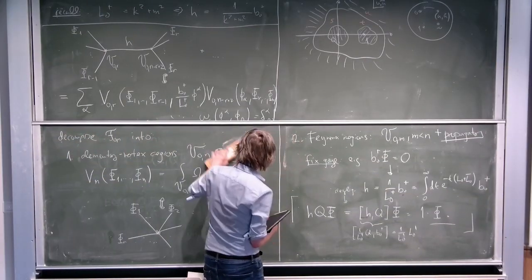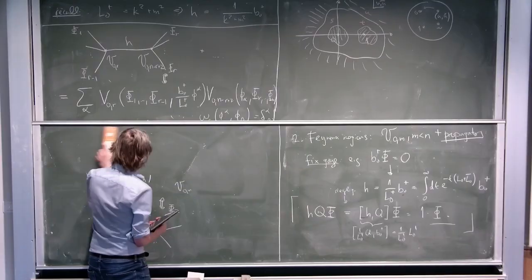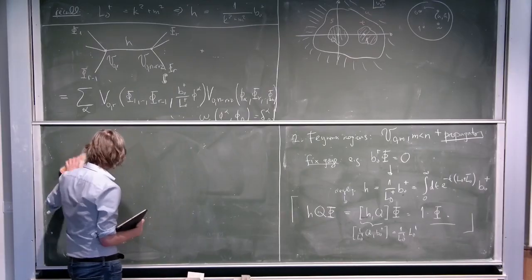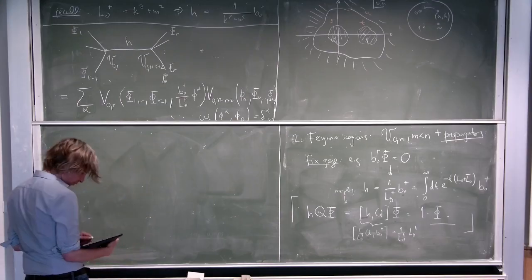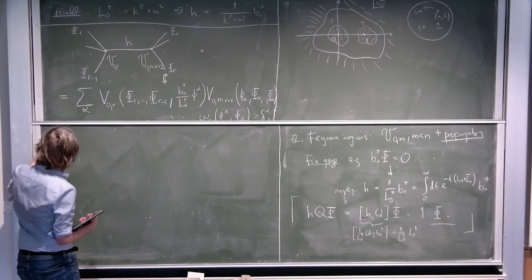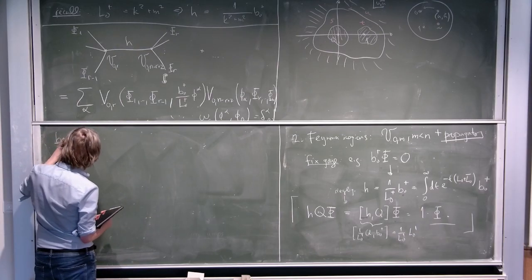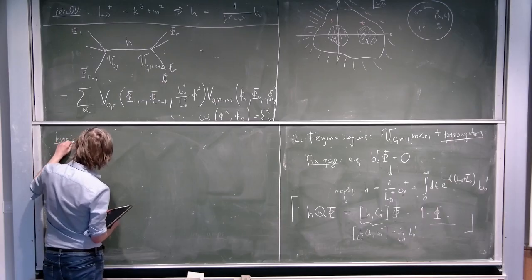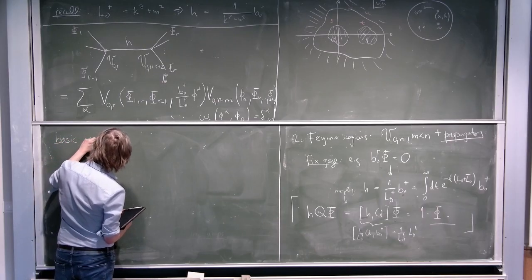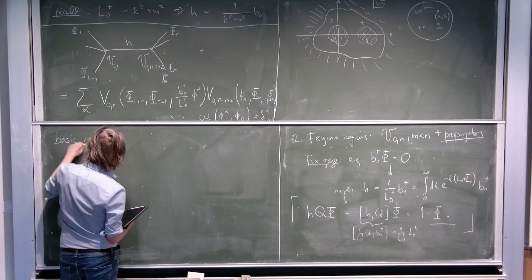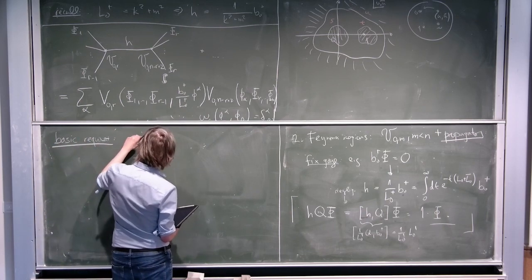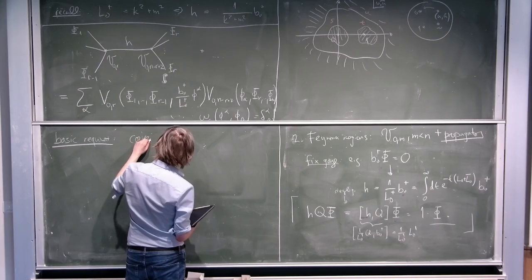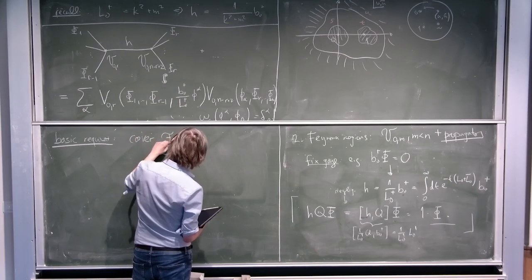So then, the basic requirement which should go into the construction of these vertices is that this Feynman diagram decomposition, which I was trying to sketch, exactly covers this space F0n.